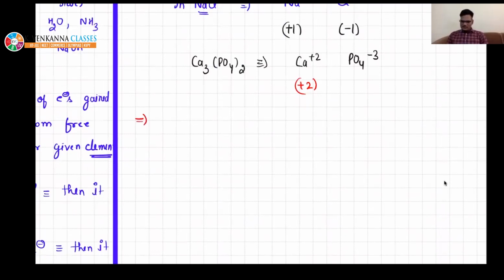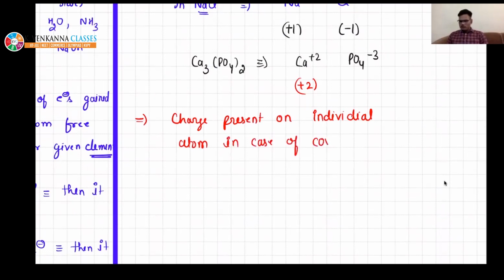In the other case, the charge or oxidation number present on an individual atom in covalent compounds is fictitious or hypothetical.